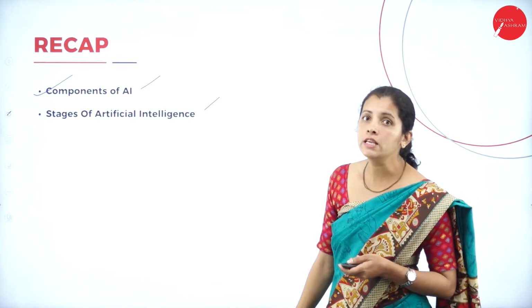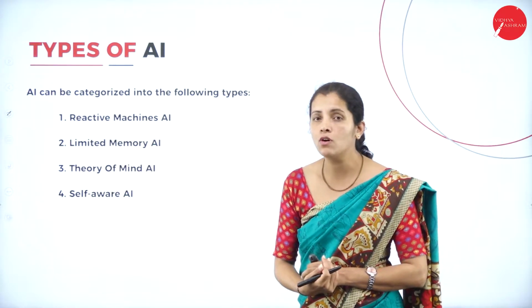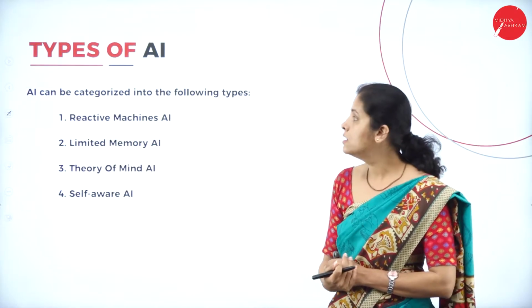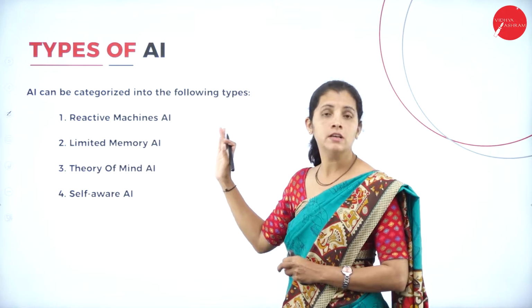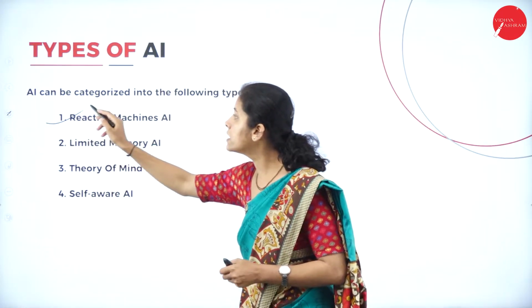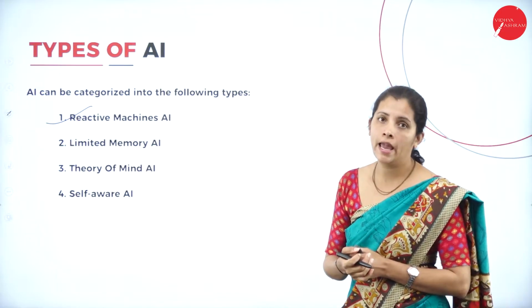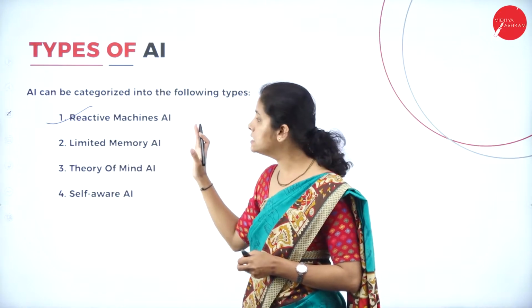But in today's session, at the beginning, I'm going to deal with the types of artificial intelligence. And what are the types of artificial intelligence? There are 4 types. The first one is reactive machine AI, that is reactive machine artificial intelligence.